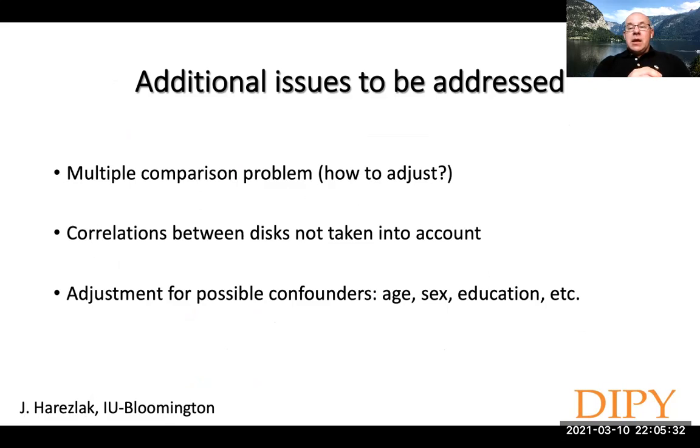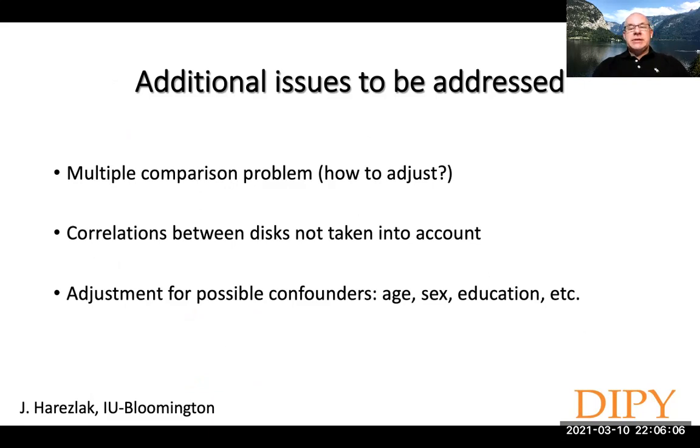Now, what are the issues that we haven't addressed yet? We're analyzing the data across 100 disks, across many bundles. So we have to deal with the multiple comparison problem, how to adjust for the multiple comparisons that we are making. Right now, we're leaving that to the user, but in the next version, we'll be implementing ways that take into account the correlations between the disks.